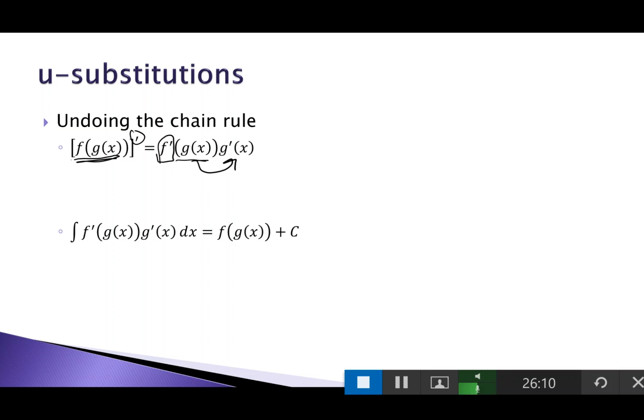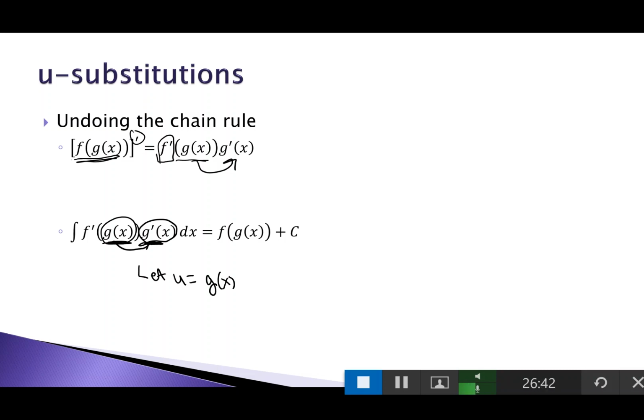So when you're doing antiderivatives, you're going to look for one piece that looks like the derivative of another piece. And then you're going to let u be the g of x, the thing inside. Now, that doesn't work unless you see the derivative of that on the outside or something that's very similar to it. It could be off by a constant multiple. So let's do one example.